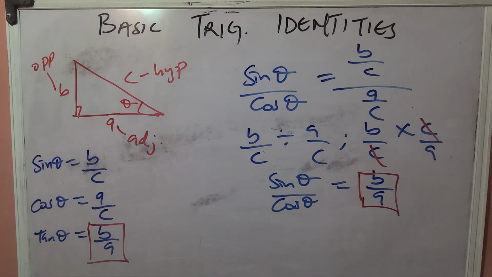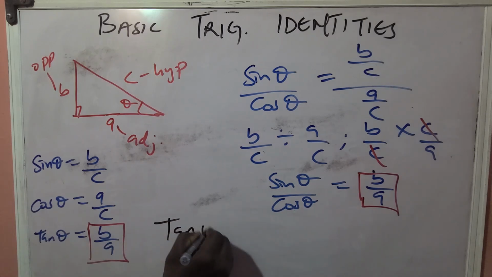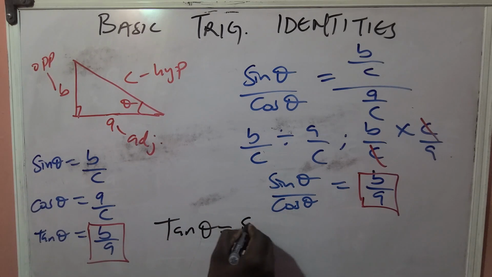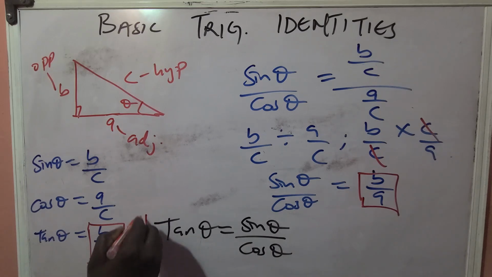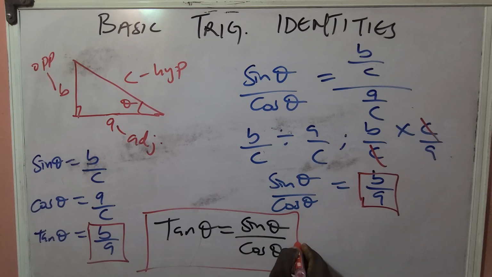So we can therefore conclude that the tangent of an angle is equal to the sine of an angle over the cos of an angle, seeing that the tan of an angle theta was B over A and sine theta over cos theta was also B over A. This gives us our very first identity. So this is identity 1. That is our first identity. So let's go on to prove the other identities.